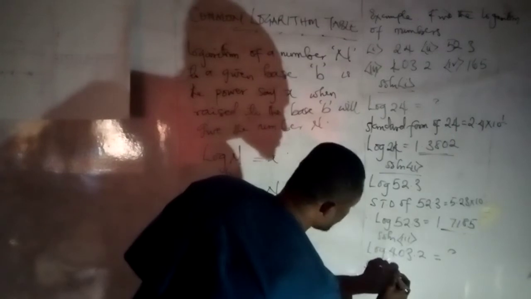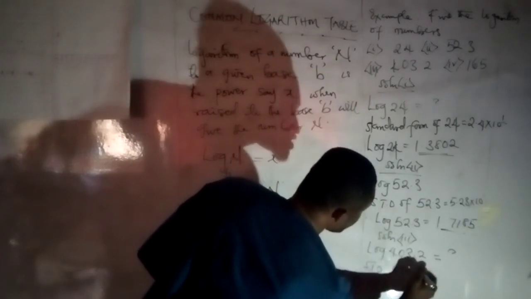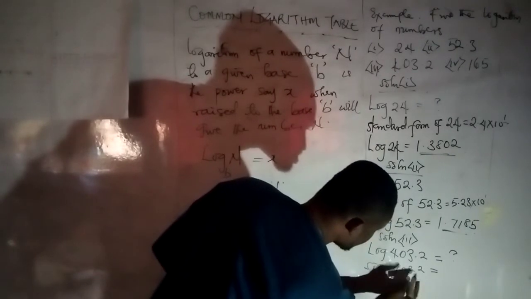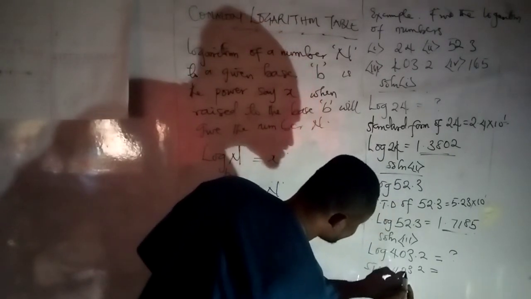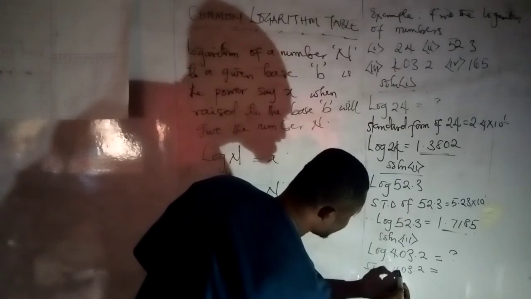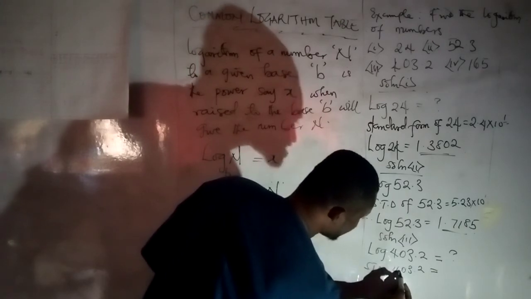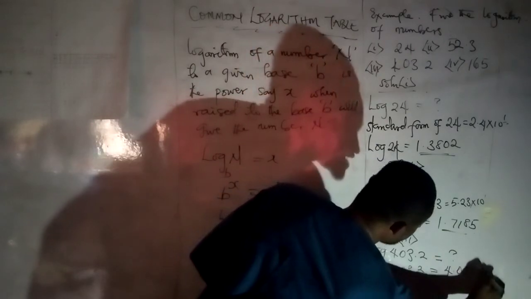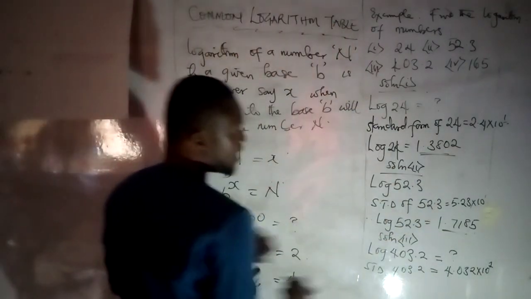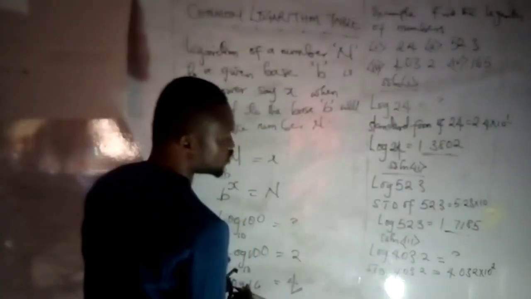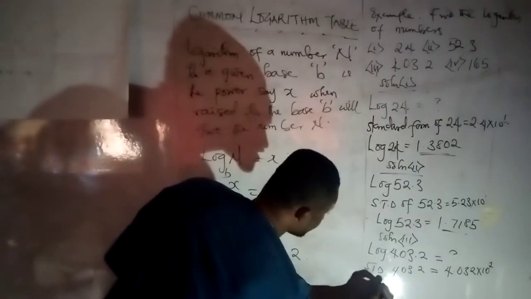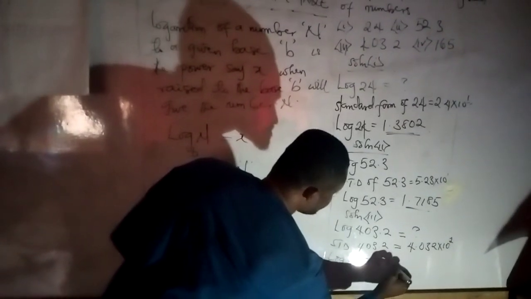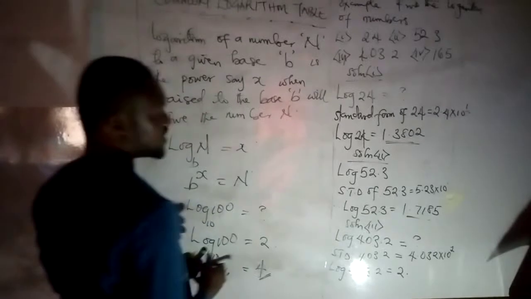To get the standard form, we shift from this point: 1, 2. You have the standard point here, and we have made 2 moves. So we have 4.032 times 10 raised to the power 2. Now, what's the characteristic? The characteristic is 2.